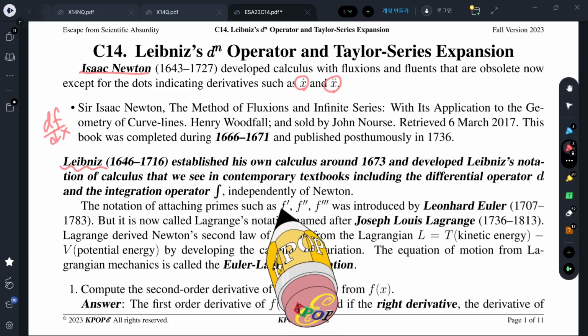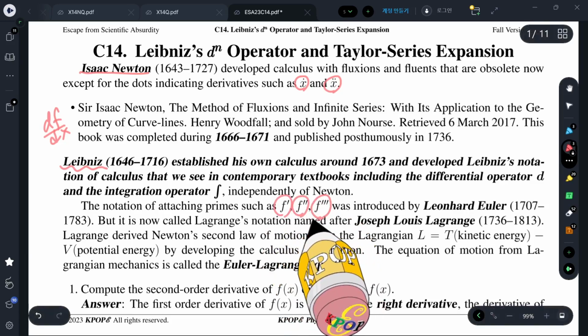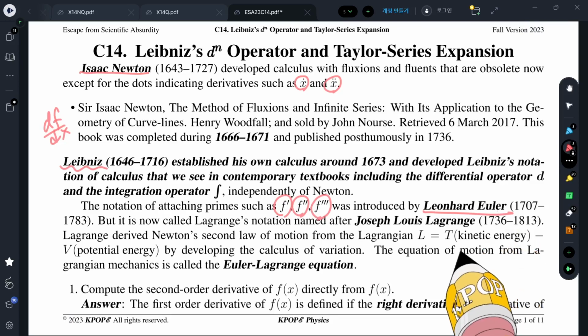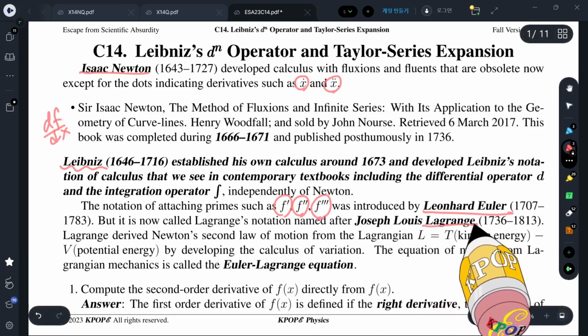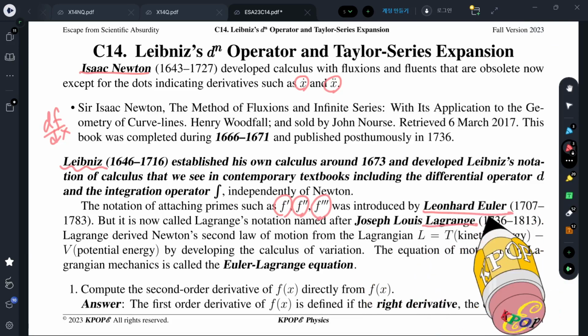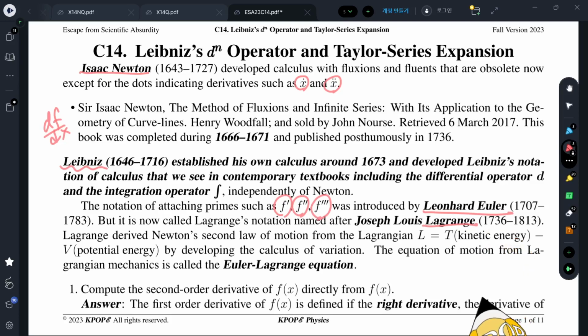Later, we are also familiar with these kinds of expressions. They were introduced by Leonhard Euler. And now we have Lagrange, who, with Euler, constructed a new way of describing Newtonian mechanics. With the Lagrangian, that is the kinetic energy subtracted by the potential energy.